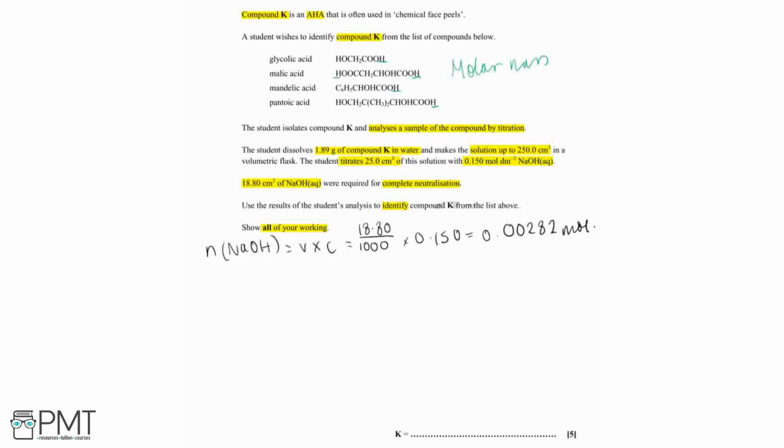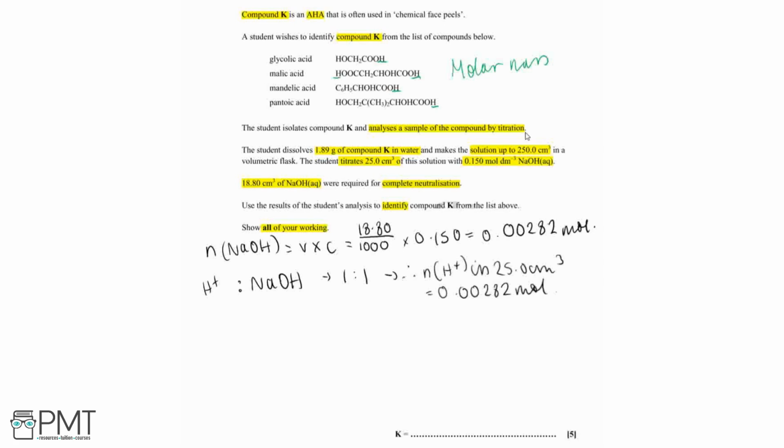So for now, we're going to assume that our ratio of the acid to the sodium hydroxide is 1 to 1. Therefore, our moles of the acid in the 25 centimetres cubed, because that was what was used with the titration, is also 0.00282 moles overall.